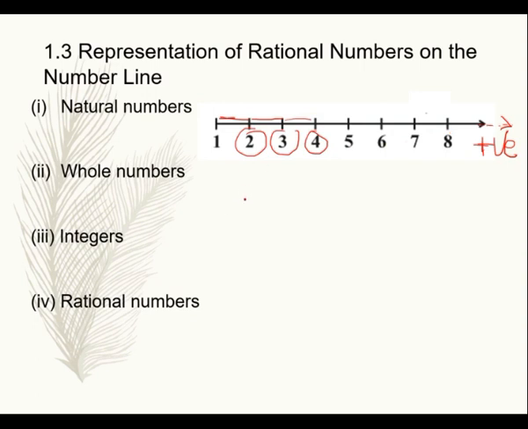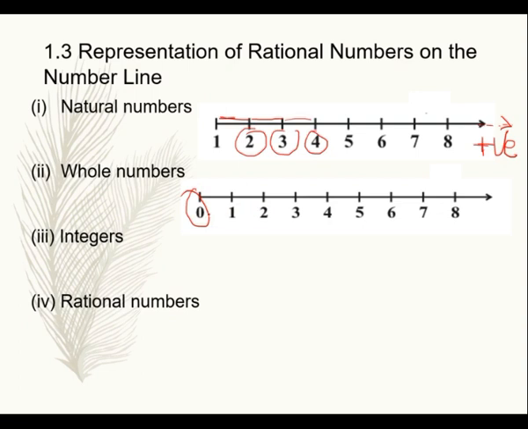Next, the number line that we have learned is the whole number line. The whole number line starts from 0, and has the same property: the difference between two continuous whole numbers is 1. The distance from 0 to 1 is the same as from 1 to 2, and the same from 2 to 3 also.